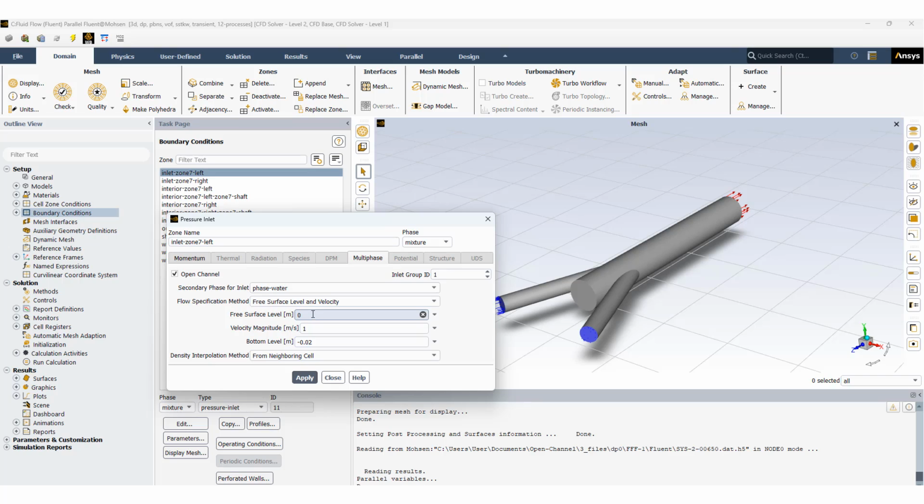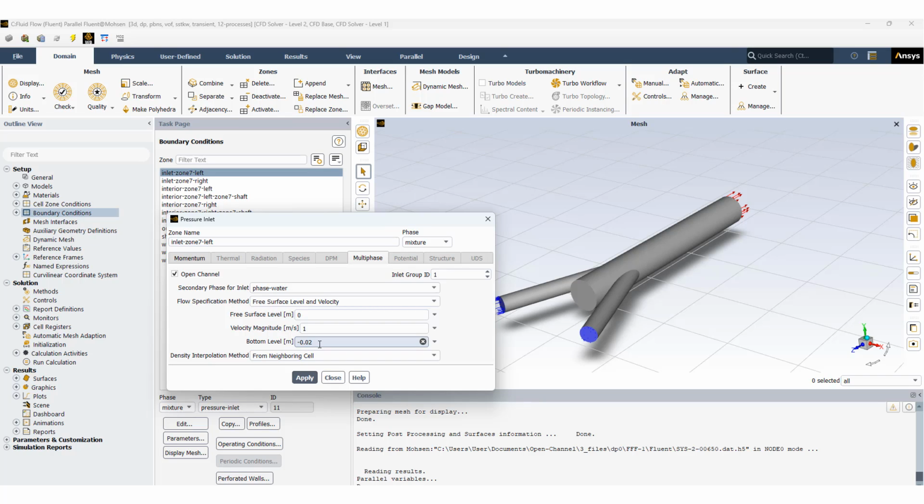Again, here I have to tell the solver where is the free surface, what is the water level here at the inlet, what is the velocity, and what is the bottom level of the channel. So these are the 0 and the minus 0.02.